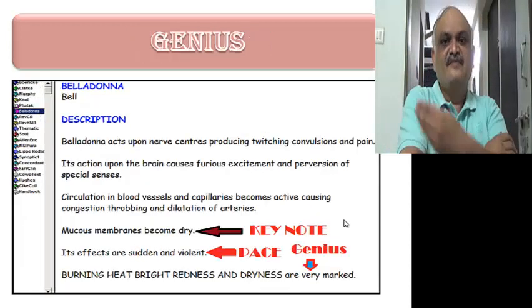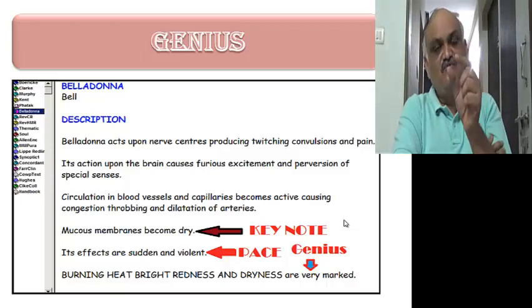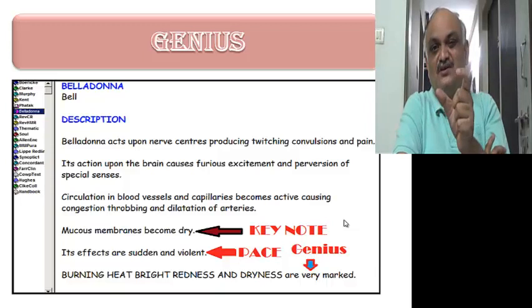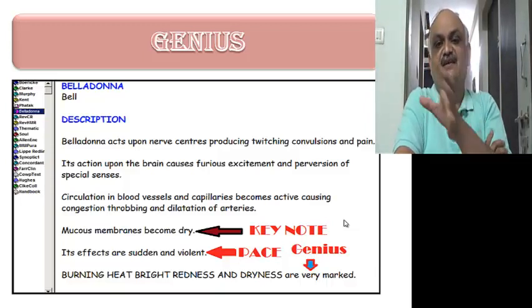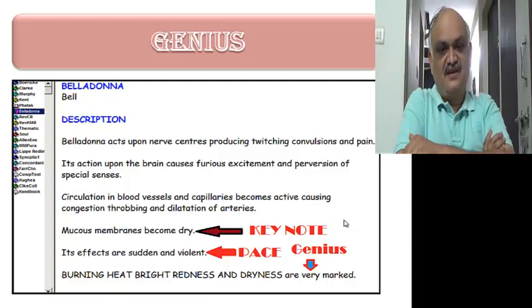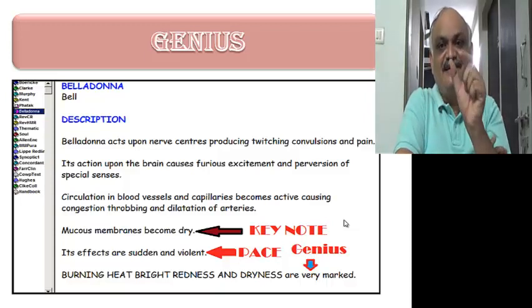Now, as we already talked about genius. Genius is the pathological general expression of the remedy, where a few expressions, a few words, pick up every detailed characteristic of that remedy. Here, like we have Belladonna from Phatak, burning heat.